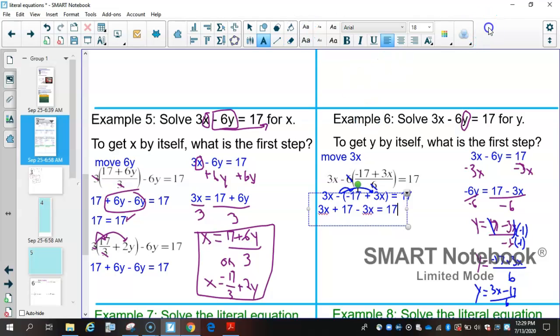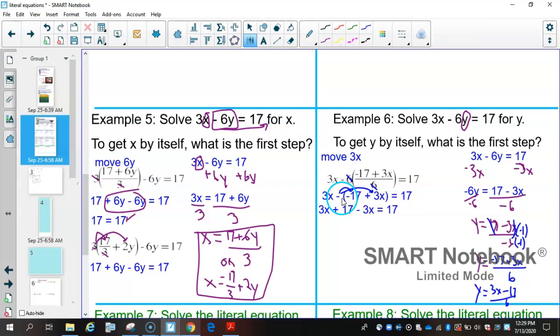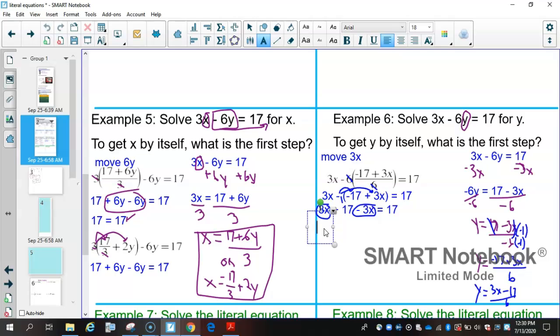Now I didn't say one thing, I'm sure I've said this before, but just to double check, there's an invisible 1 right here, so that's how we know it's negative 1 we're multiplying everything by. And then we have a set of like terms we can combine, this 3x and negative 3x. When we combine those, we get 0, leaving just 17 equals 17. So this worked.